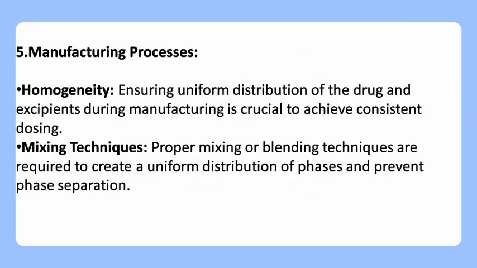Fifth, manufacturing processes. Under this, A. Homogeneity. Ensuring uniform distribution of the drug and excipients during manufacturing is crucial to achieve consistent dosing. B. Mixing techniques. Proper mixing or blending techniques are required to create a uniform distribution of phases and prevent phase separation.